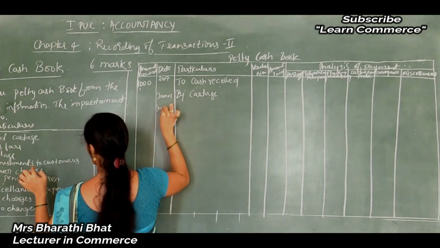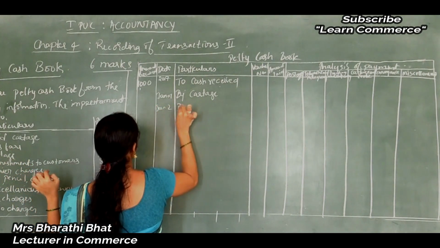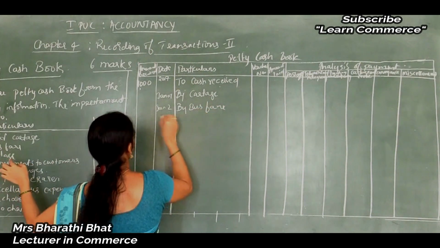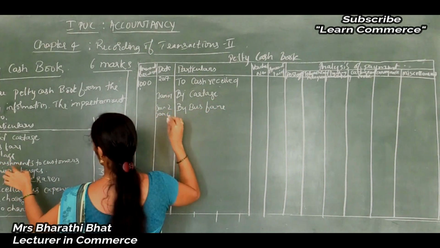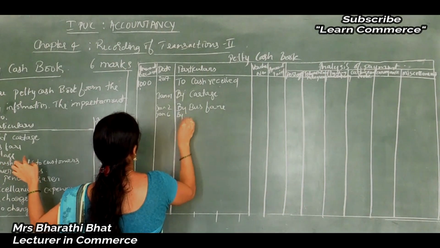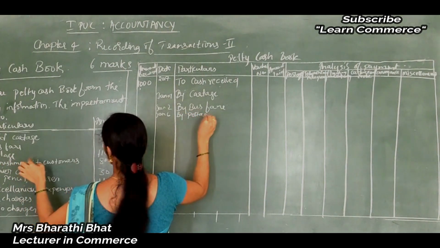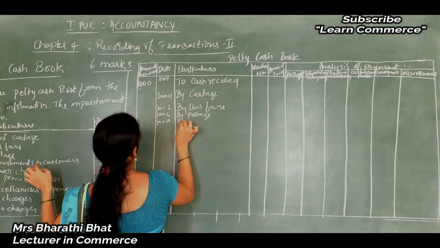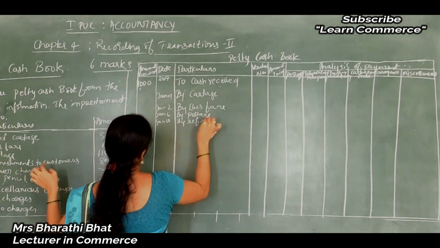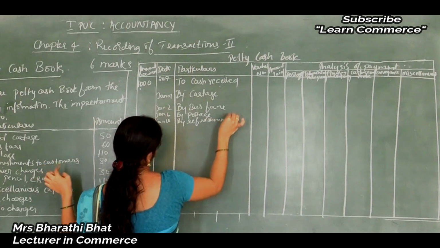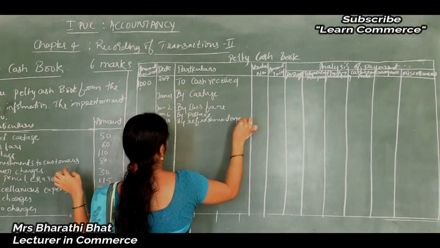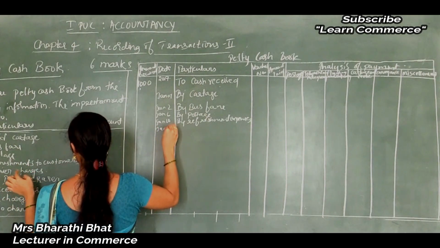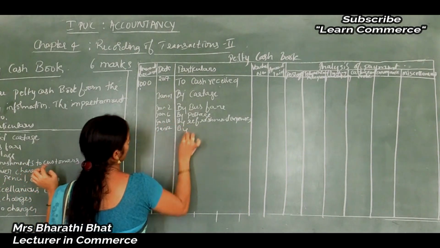Jan 2, by bus fare. Jan 6, by postage, and Jan 10, by refreshment expenses, and the next one Jan 12, by courier charges.